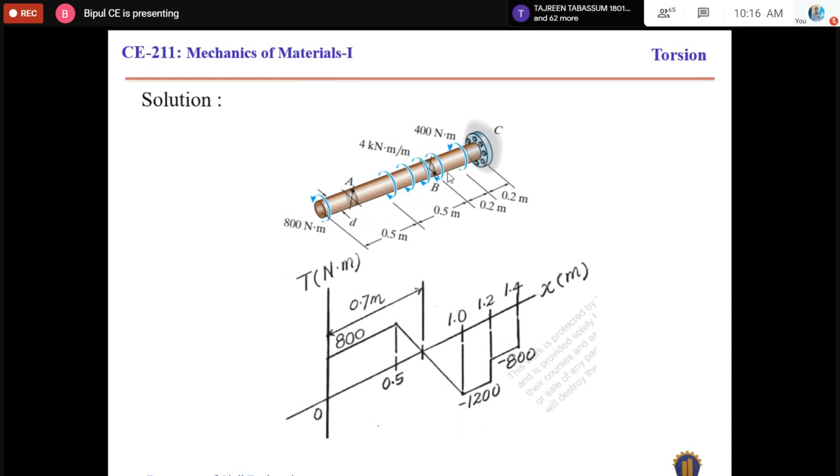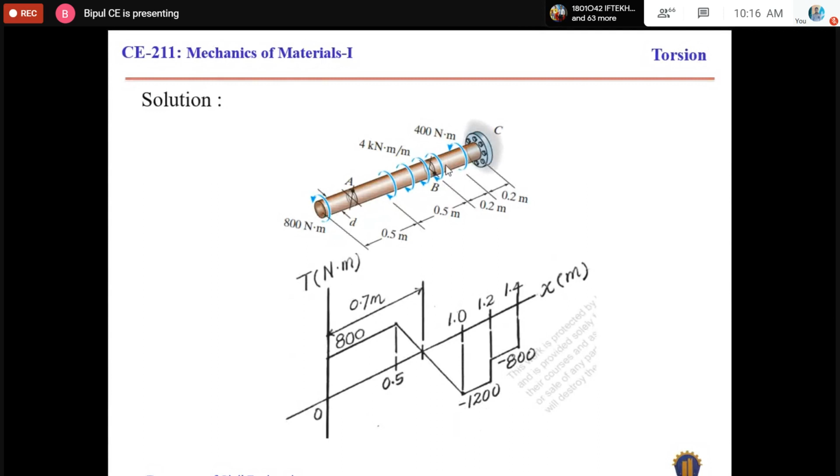Okay, and then come to here. So in this zone, that means from point B to this point, there is no additional applied torque. So anywhere in this length, the resultant torque will be similar to 1200 because there is no additional applied torque.